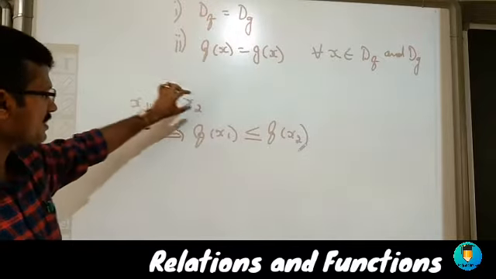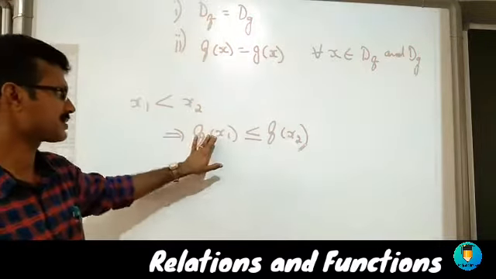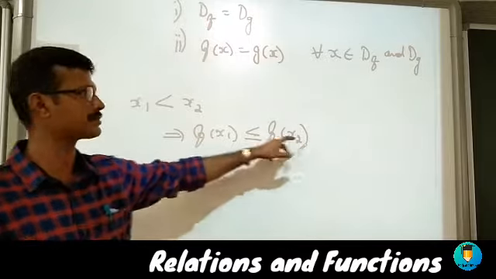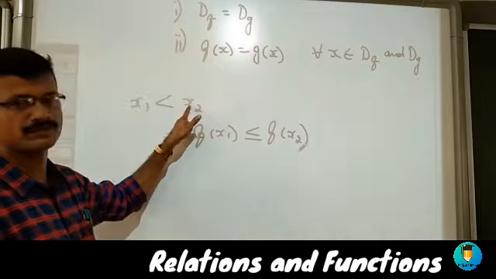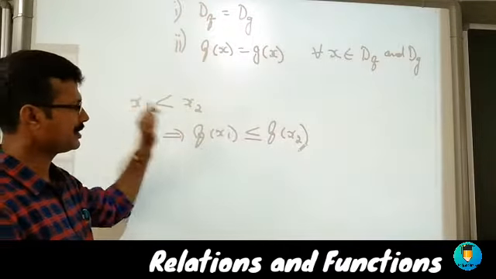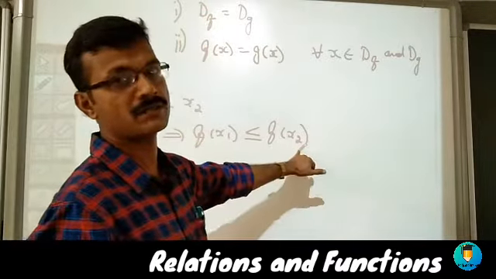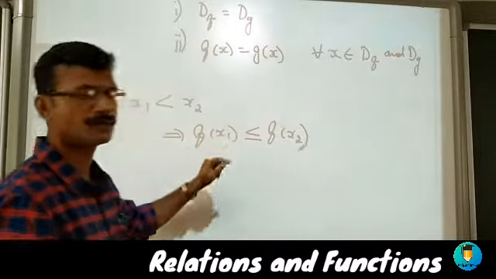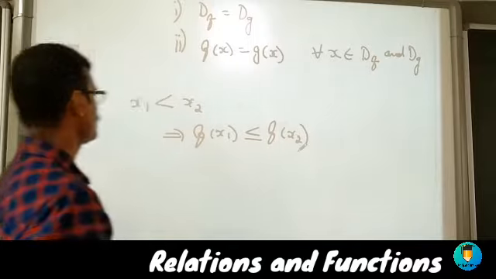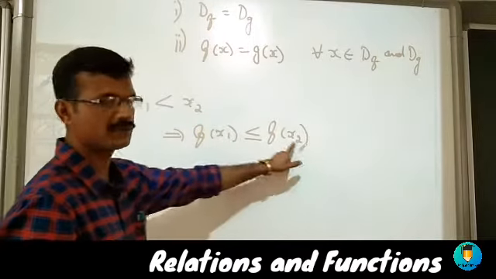Here x1 and x2 belong to the domain, and f of x1 and f of x2 are the corresponding images. So the images also should be in ascending order. That is an increasing function.